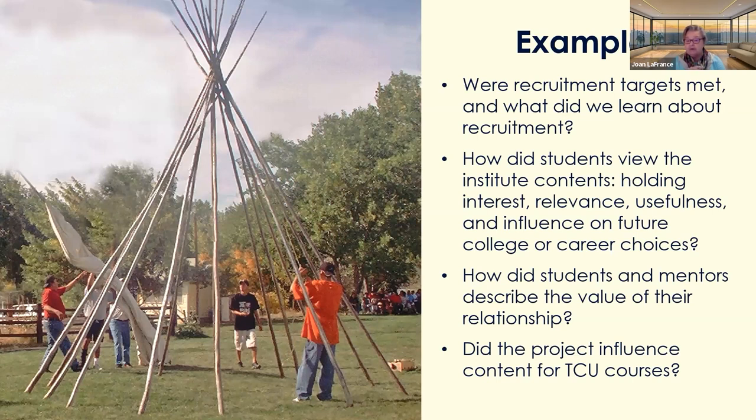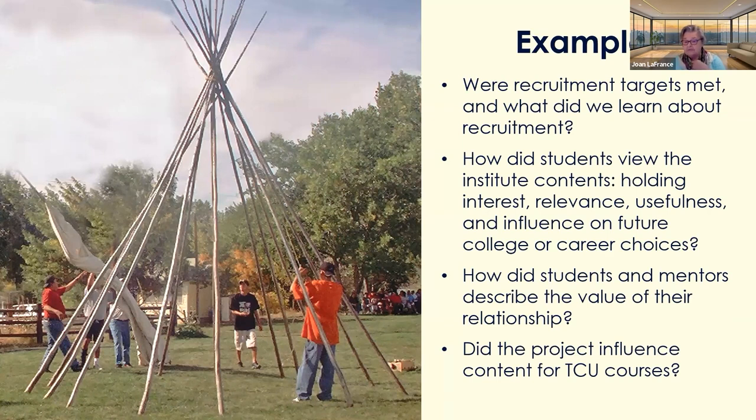And what did we learn about recruitment? We learned some very big things about recruitment. And then how did students view the Institute contents, such as holding interest? Did it hold interest? Was it relevant? Was it useful? And did it have influence on future college or career choices?